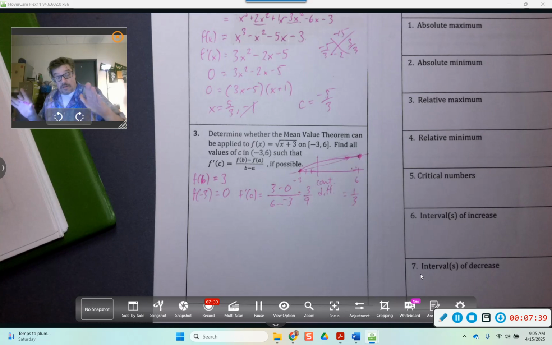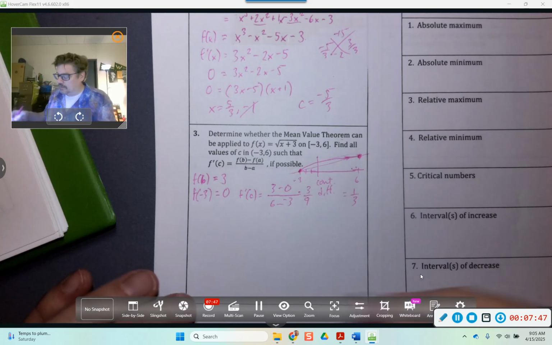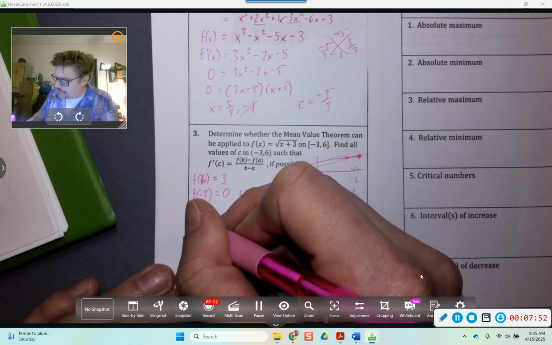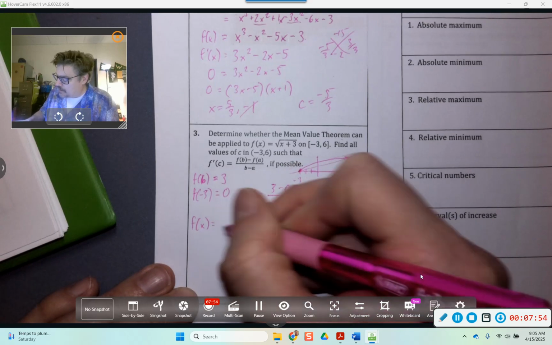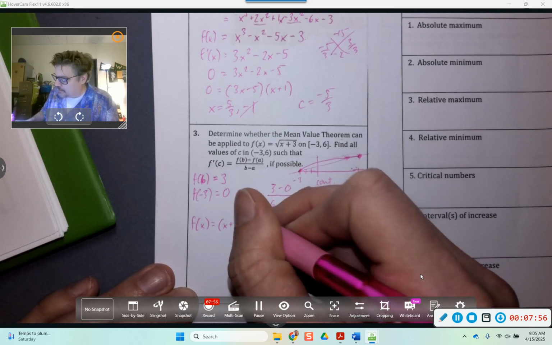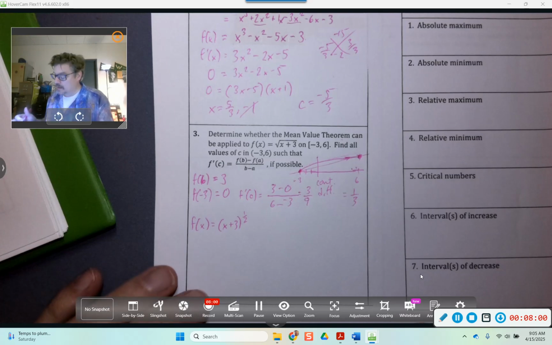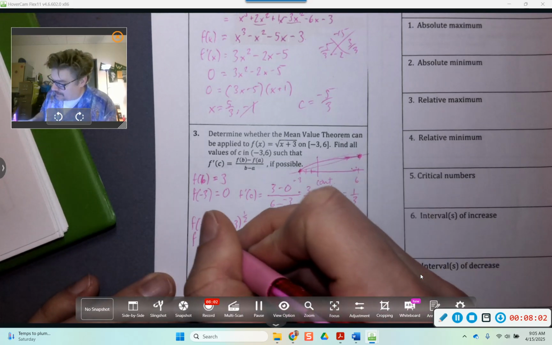Now somewhere along that curve, we're going to have a slope of 1/3 again. All right, so let's find out what that is. So let's go ahead and take f of x, and we're going to rewrite him as (x plus 3) to the 1/2. We're going to take the derivative and set him equal to 1/3. All right, so the derivative is right here.